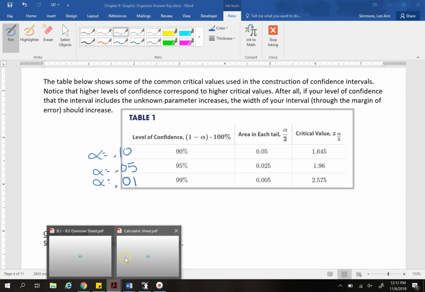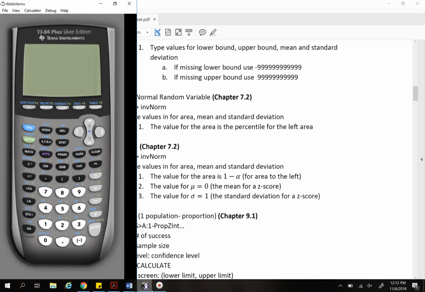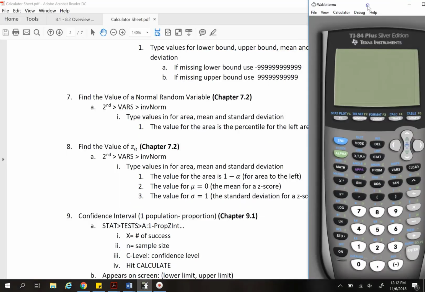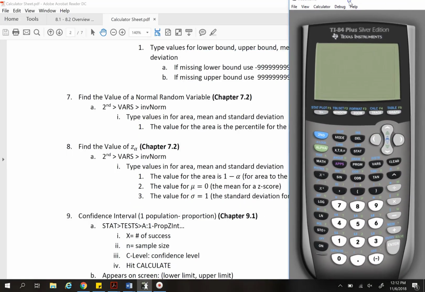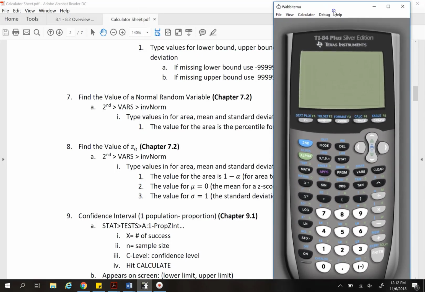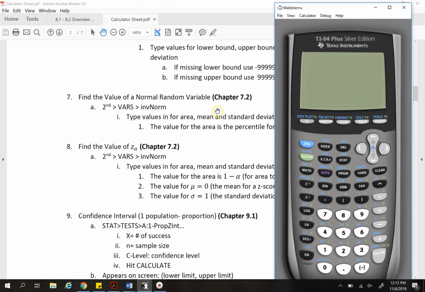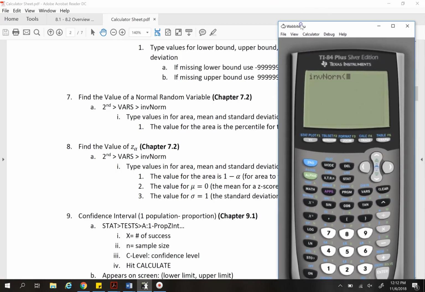So we're going to use number 8 on our calculator sheet. Let's find the critical value for a 90% confidence interval. Second bars, inverse normal. So the value of the area to the left.